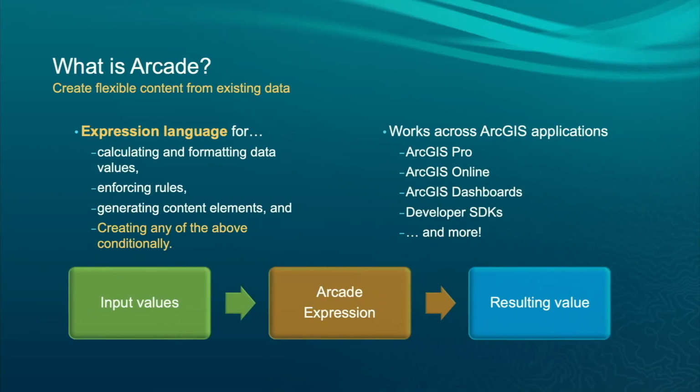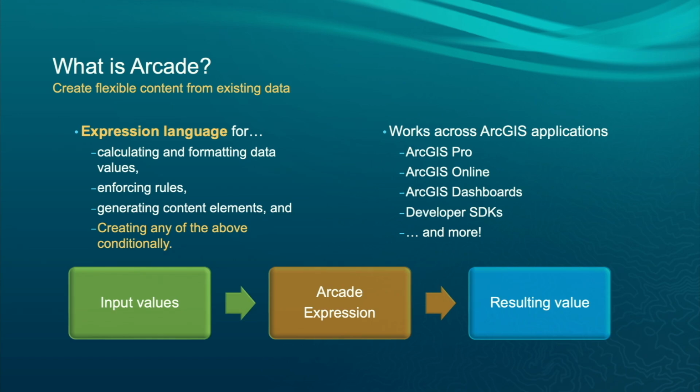Arcade is an expression language that gives you the flexibility to define custom content in your ArcGIS applications. It can be used to calculate and format data values, to enforce rules, generate content elements, or do any of the above things conditionally. But at its core, Arcade is a calculator.